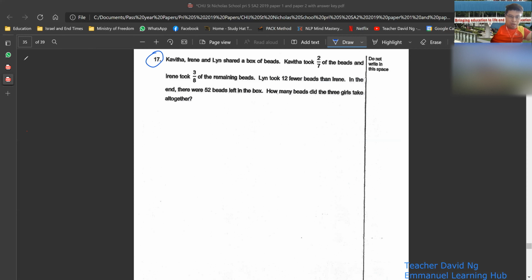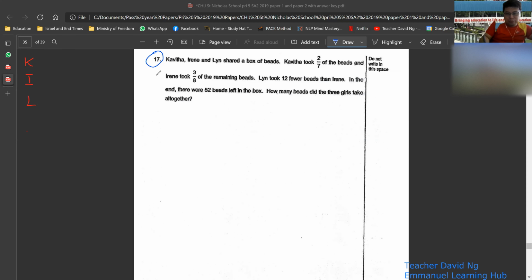So Kavita, Irene, and Lynn. Kavita took 2/7 of the beads, right?